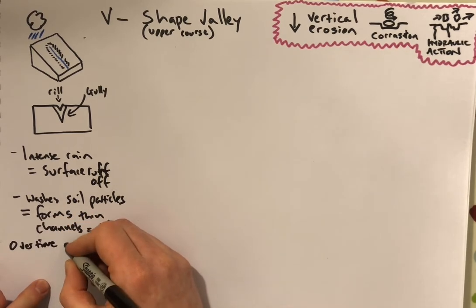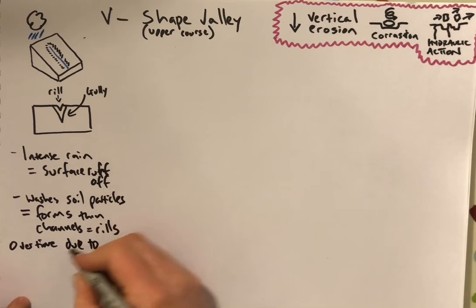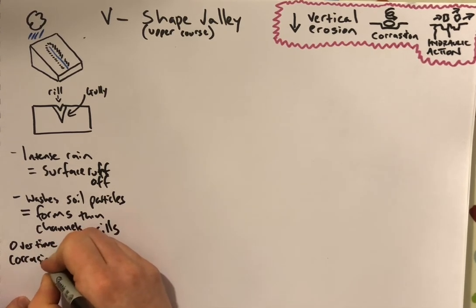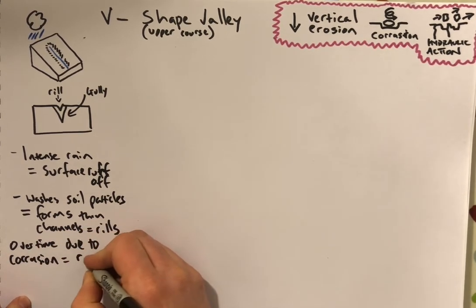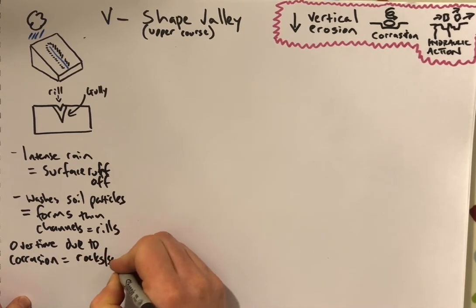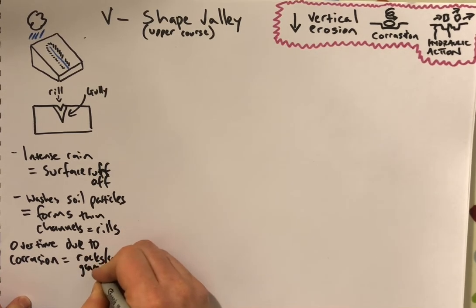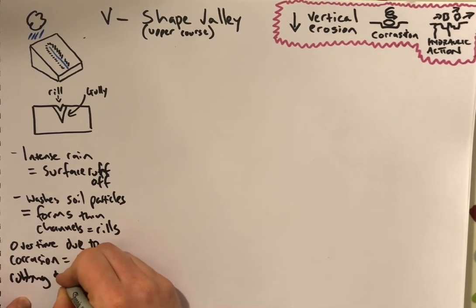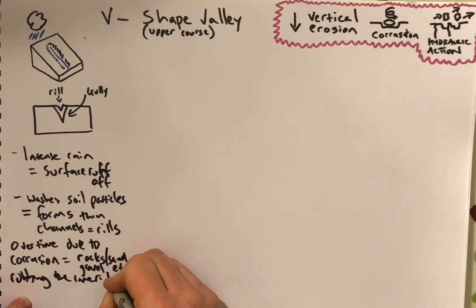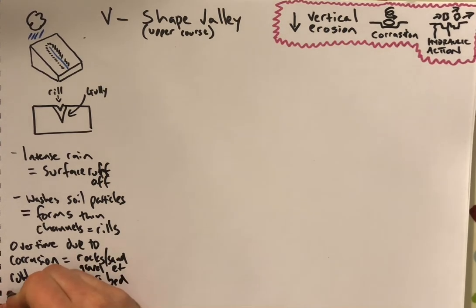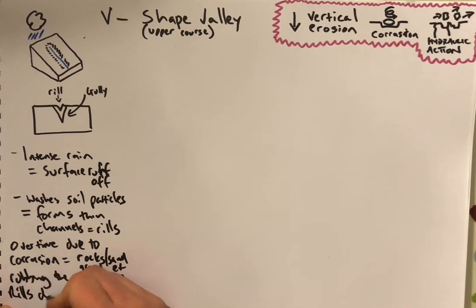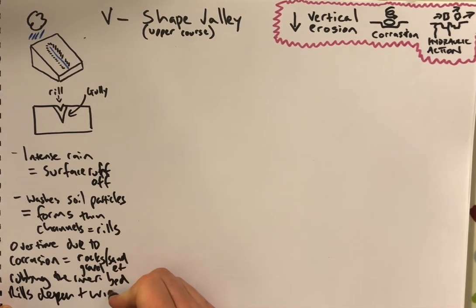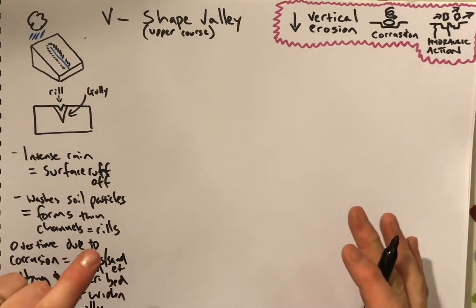Over time, due to corrosion, which is rocks, sand, gravel, etc., rubbing the riverbed, rills deepen and widen to form a gully. That's the first stage.